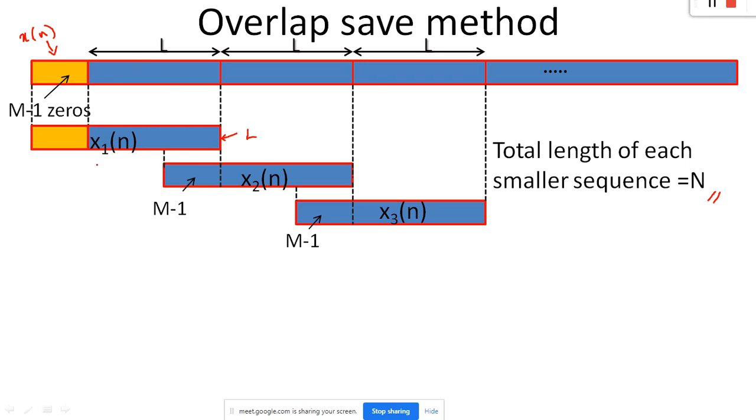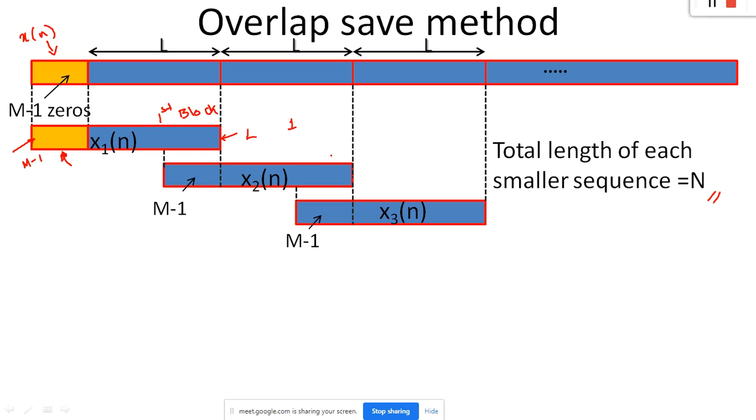Apart from that l value, in order to match the circular convolution length, I will be adding m minus 1 zeros initially for the first block. This is only for the first block.